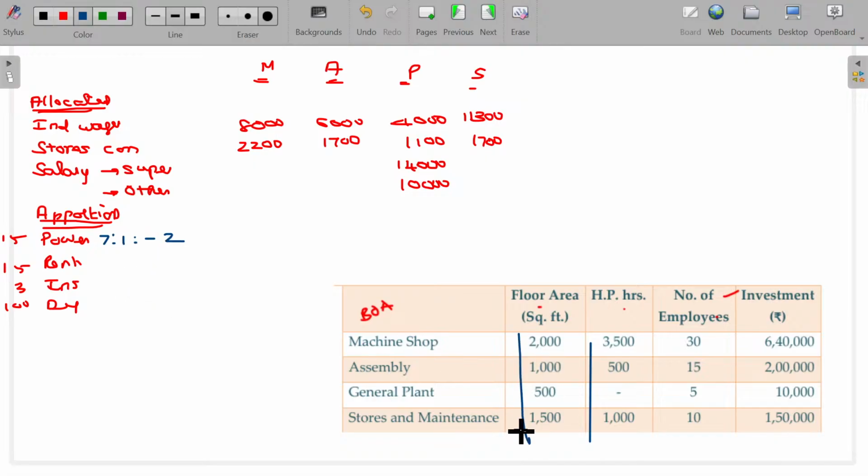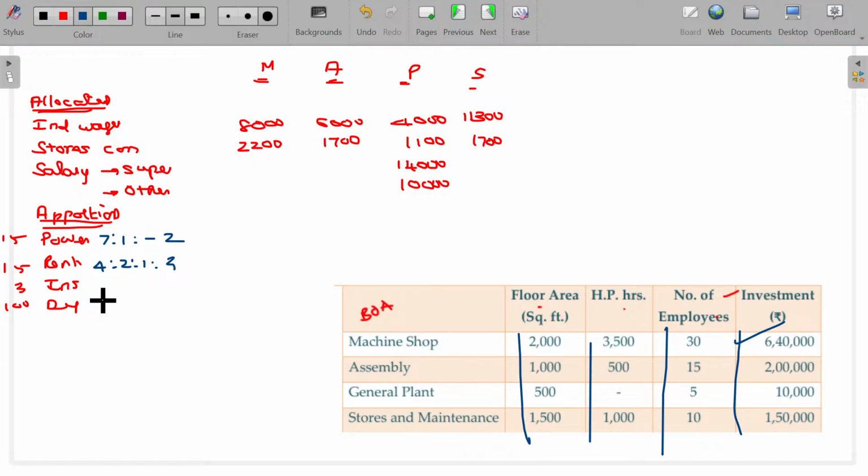Rent can be allocated using the floor area: 4:1:2:1:3. Insurance, if it is the insurance of assets, the value of investment will be taken. If the insurance is related to employees, health of employees, then the number of employees will be taken. So you can give your own assumption. Predominantly we consider this as being the assets only.